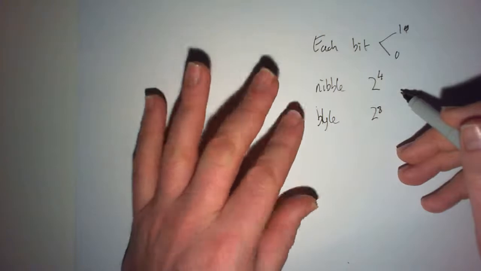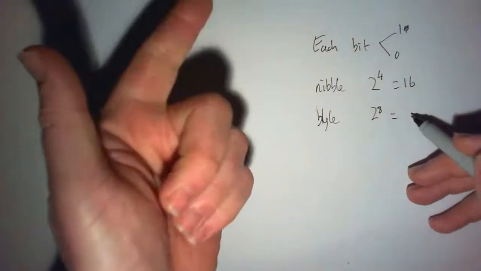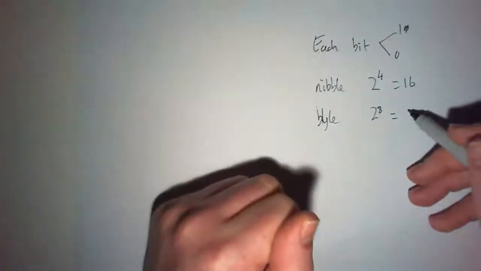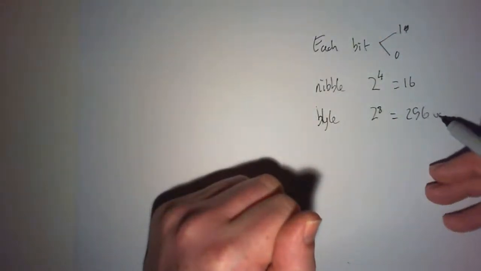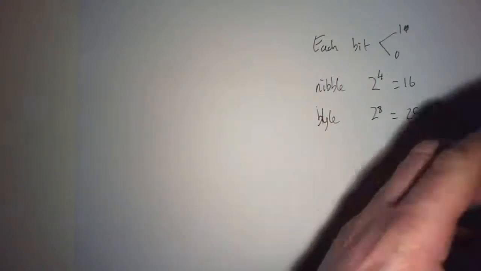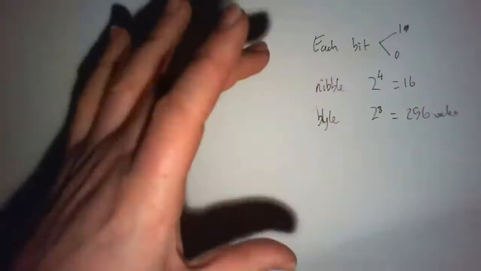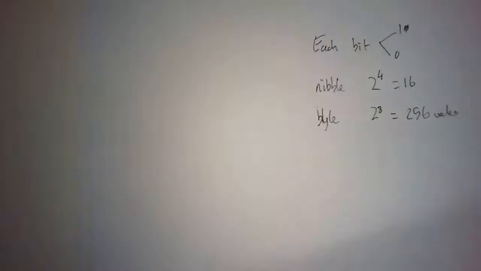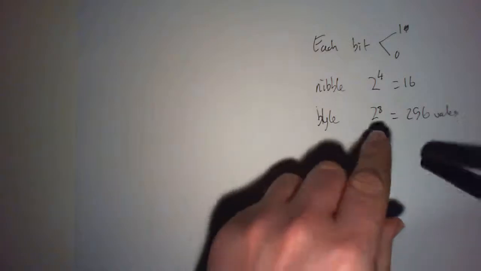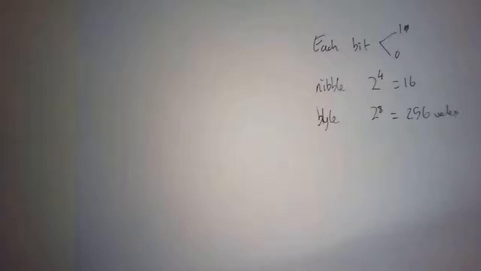So 2 to the power of 4 is 16 different values. 2 to the power of 8: 2, 4, 8, and so on, gives 256 different possible values. So you can encode 256 characters in byte form, for want of a better word. We will see this in a future video when we come to talk about ASCII, that there is a certain limit on the amount you can actually work with.